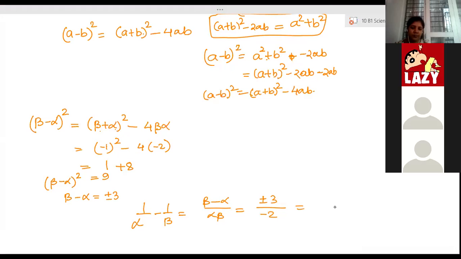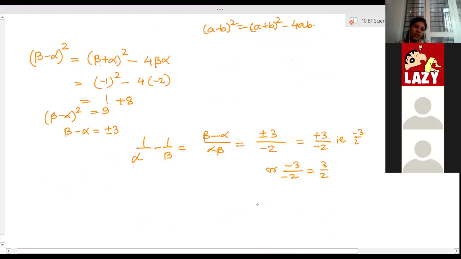So if we take plus 3, plus 3 by minus 2 is minus 3 by 2, or minus 3 by minus 2, which is 3 by 2. So anyhow, we will get plus minus 3 by 2. So the answer is plus minus 3 by 2. Clear? Is the method clear? Yes, ma'am.